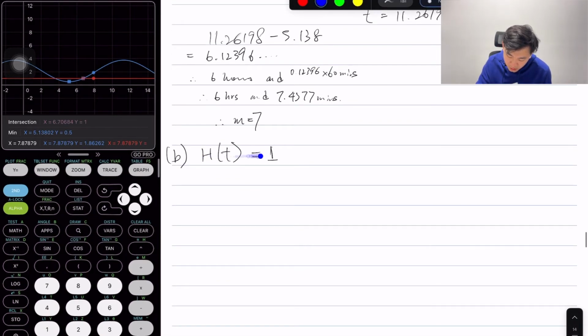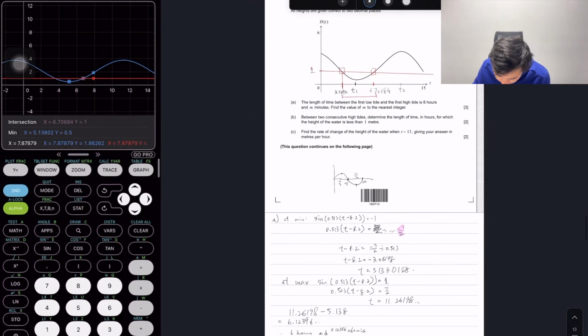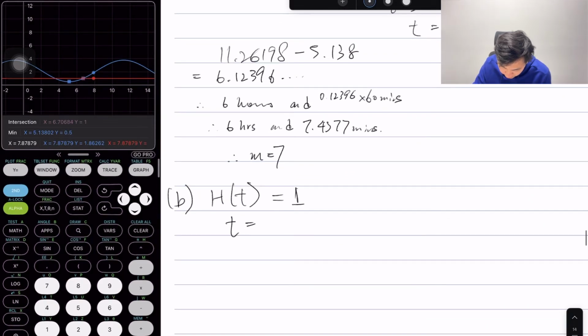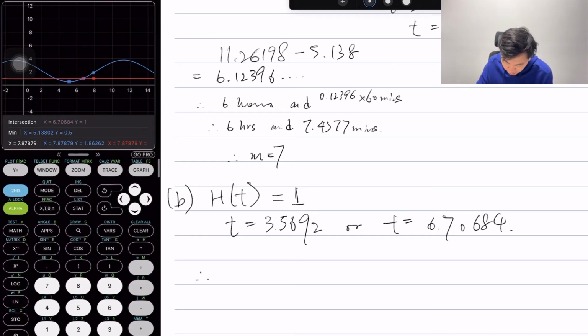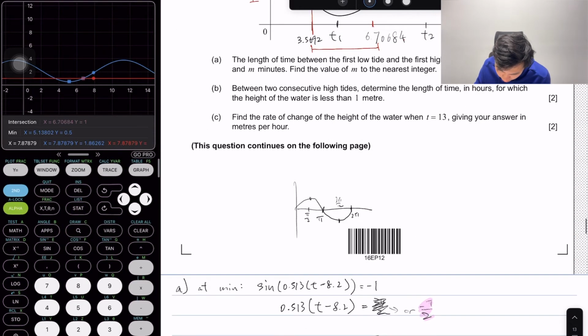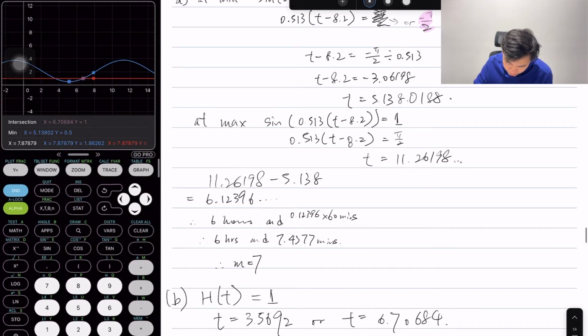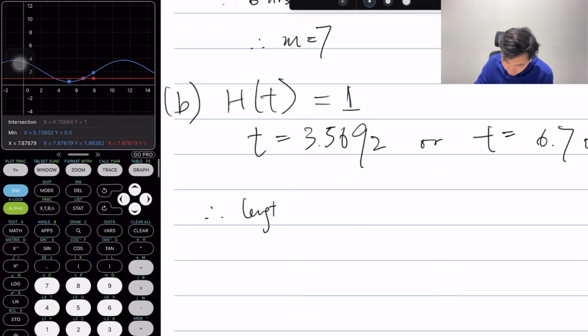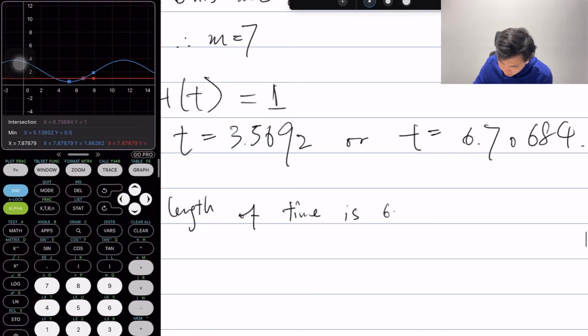So solve for this one, then we're going to have the time is equal to, we copy down the answers, which is 3.5692, or t equals 6.70684. Okay, therefore the length of time is 6.70684 subtracting 3.5692.